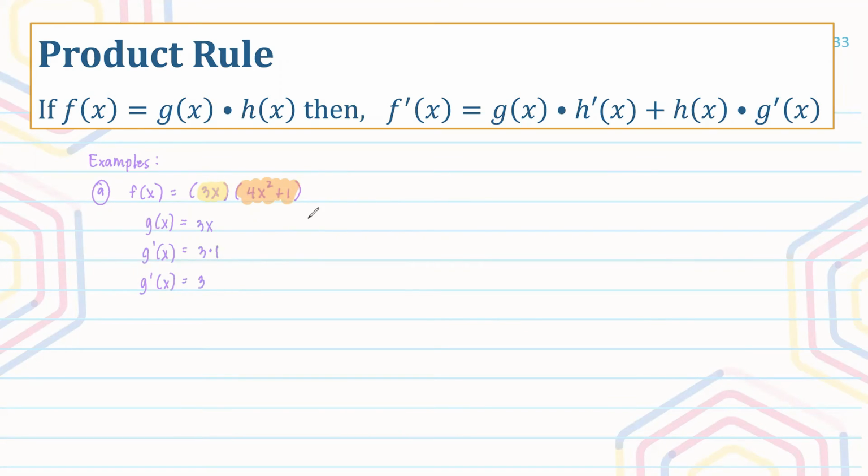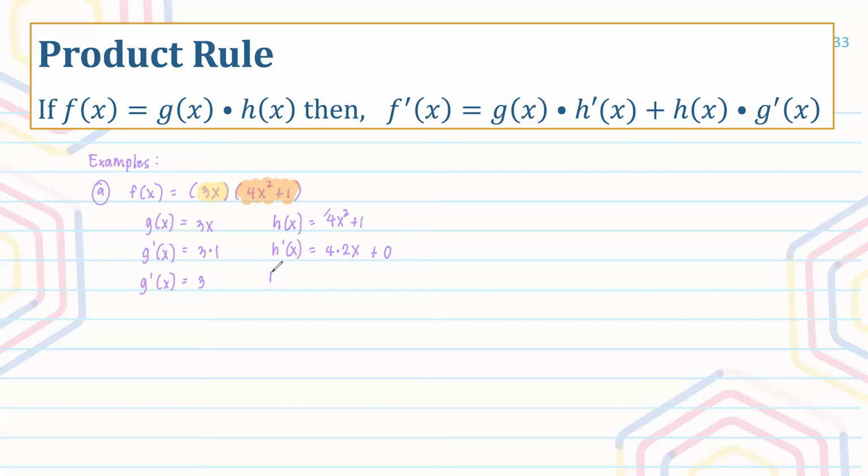Now, let's go to h of x. Our h of x here is equal to 4x squared plus 1. Now, getting the derivative of h of x, for the first term, applying the constant multiple rule, you have 4 times the derivative of x squared, which is just 2x, plus the derivative of 1, which is 0.